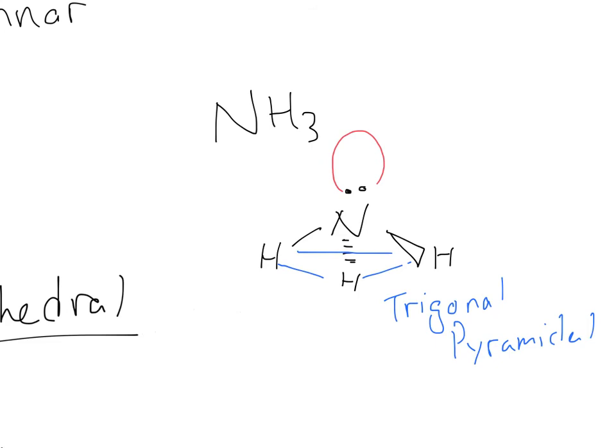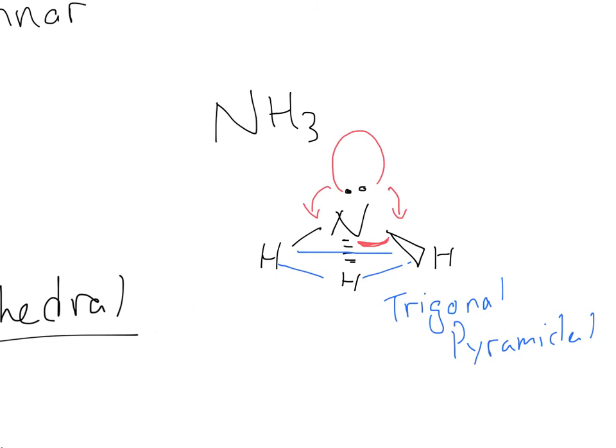So it's trigonal pyramidal. So it's got a triangular base and it's like a pyramid, no matter which way we hold it. Now the thing about this one though is the lone pair actually exerts more force on the bonded pairs. So they actually push harder. As a result, the angle between the bonded pairs shrinks a bit, by about 2.5 degrees.